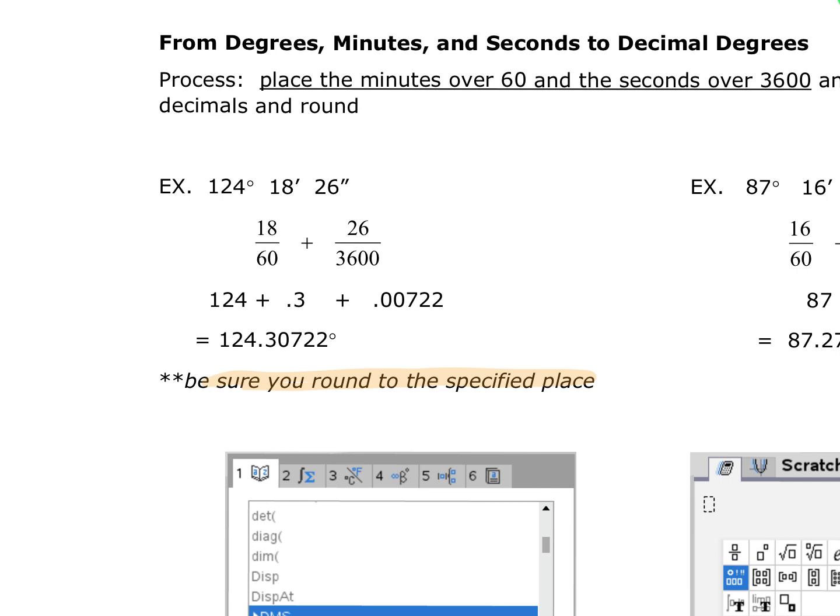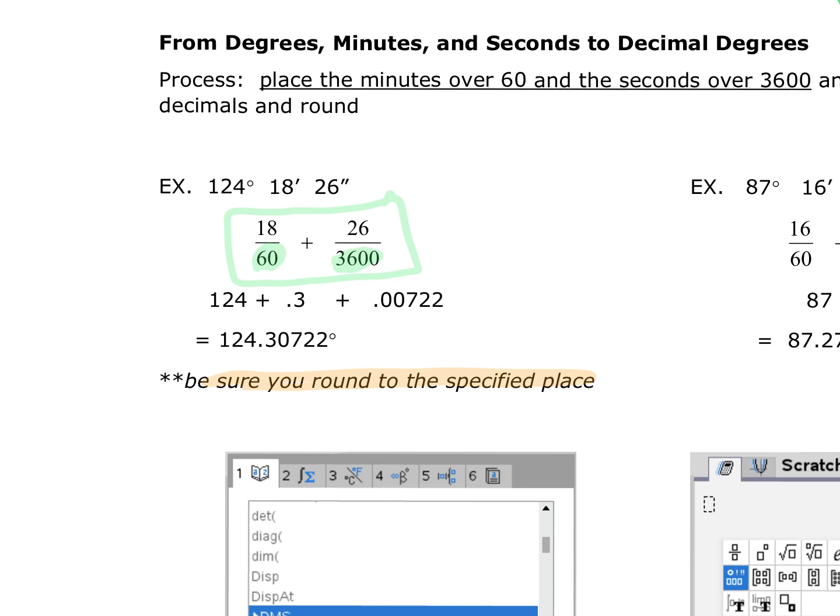So if you think about it, because there are 60 minutes in 1 degree, it's going to be out of 60. Because there are 3,600, in other words, 60 times 60 seconds, then whatever the seconds are, you put over 3,600. So guys, you can plug this in as one whole amount there on your calculator. 18 divided by 60 plus 26 divided by 3,600.